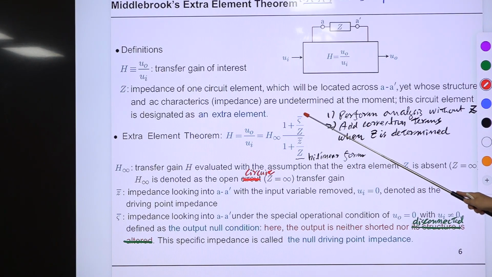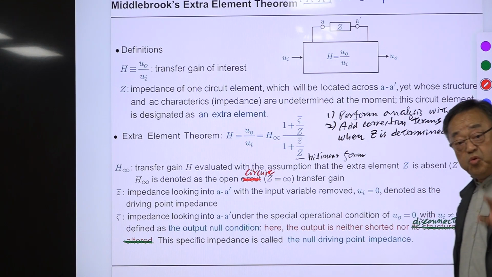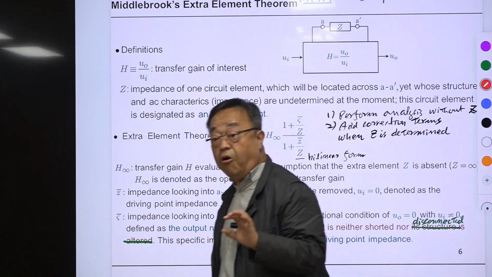You compare this and this. If this one is much larger than 1, you ignore 1. If this one is much smaller than 1, you ignore this. The same is true. So with this, our asymptotic approach is directly applicable.